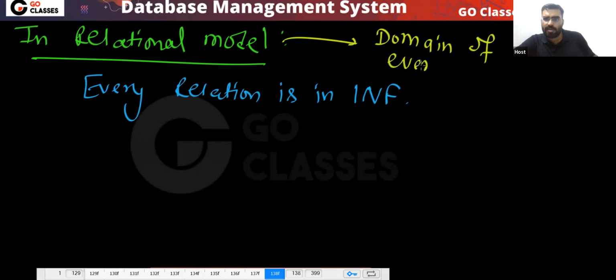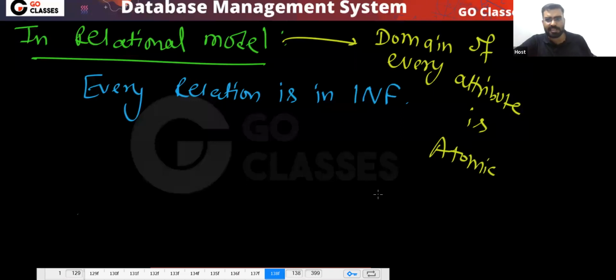You already know this. Atomic means elements are indivisible. So the domain is atomic. Very simple.